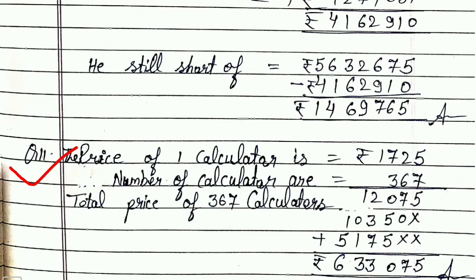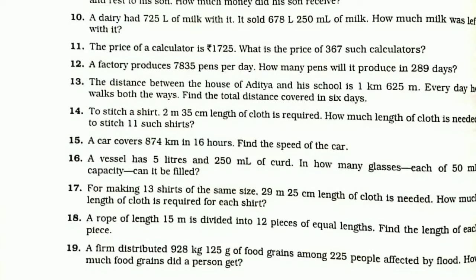The total price of 367 calculators will be, we will do simple multiplication. So the answer will be 6,33,075. Now here question number 14, as you can see, is the same as example 7. We are moving to the next question, question number 15.